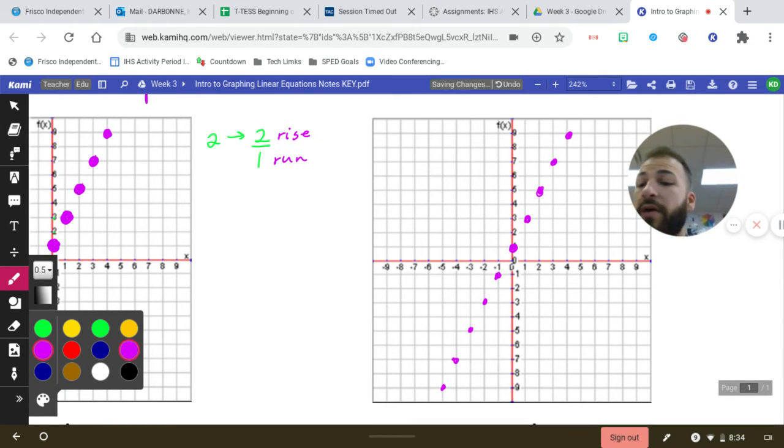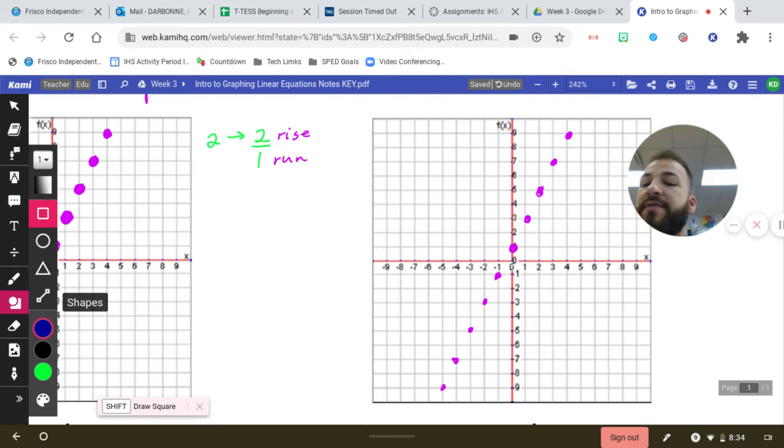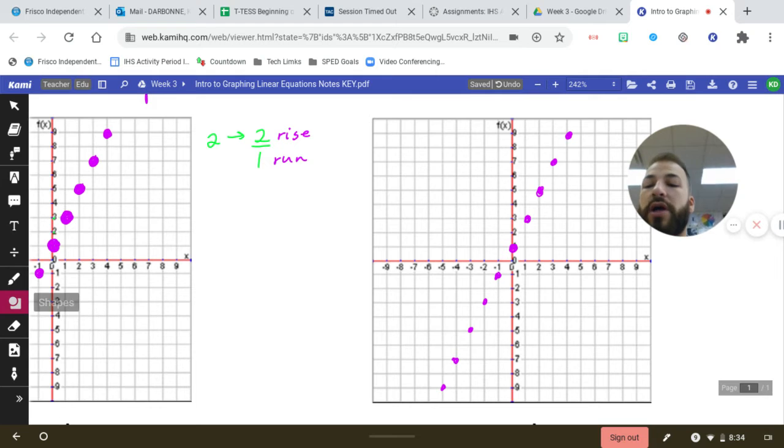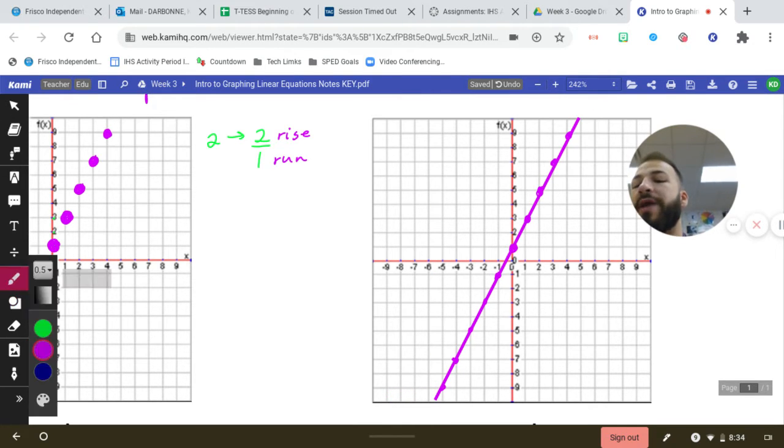And if you're using Kami, y'all, if you click over here on the shape, it has a nice straight line drawing tool. So we draw that straight line.